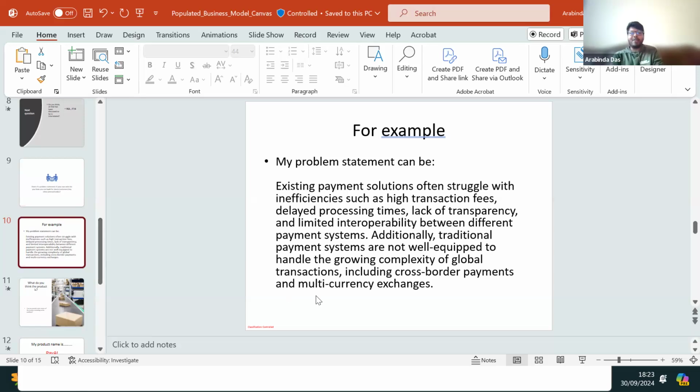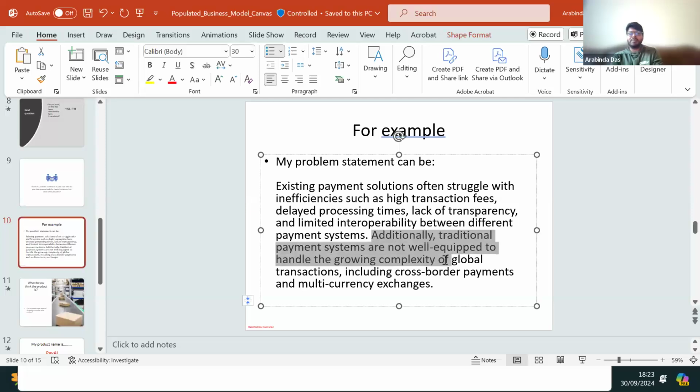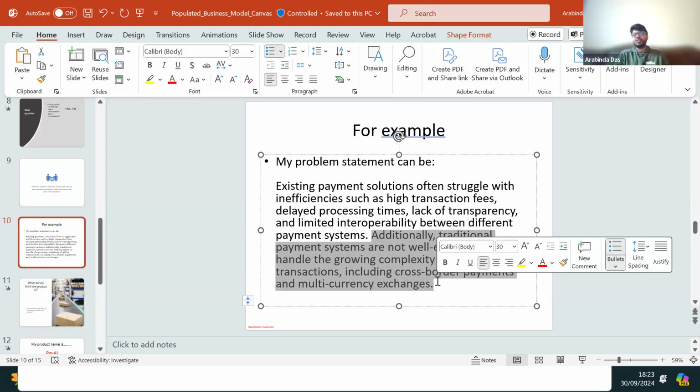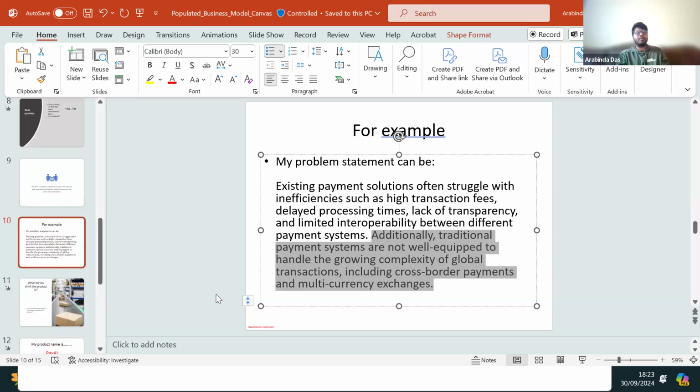Additionally, traditional payments are not well equipped to handle the growing complexity of global transactions. So what I need you to do is think of a problem statement in your mind. If you want to write it down in a book or something, you can do that. Once that's done, think of your product name.